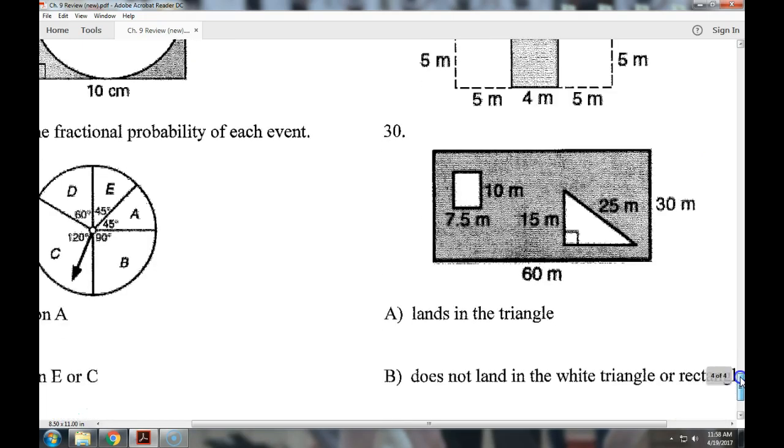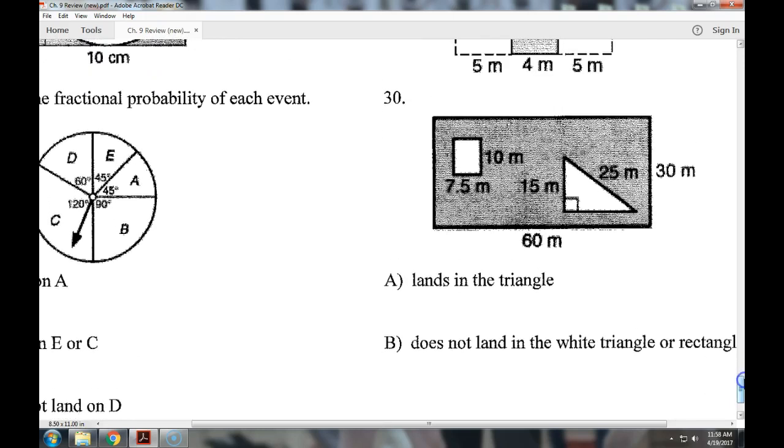Moving down to the last one. This is probability. What is the chance that a random point inside the rectangle lands in the triangle? Well, remember, it's target area over total area, and the total area is 60 by 30.